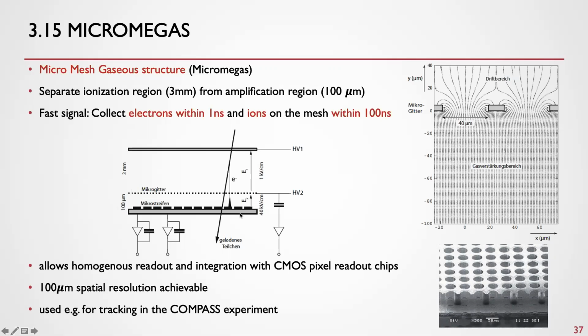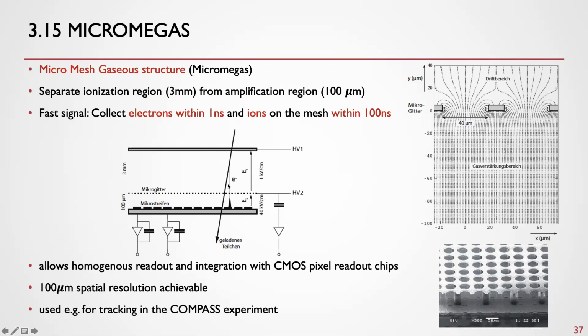This is only anode, so it is not as dangerous, because we do not operate anode and cathode strips close to each other. So we have microstrips at the bottom.